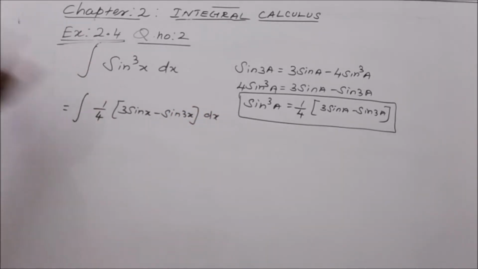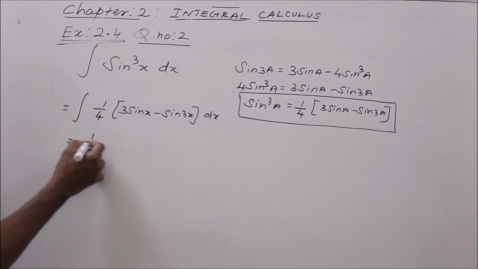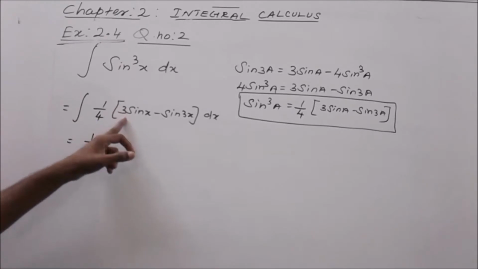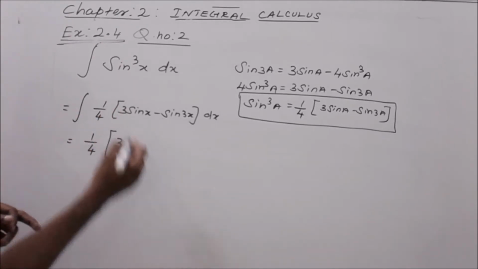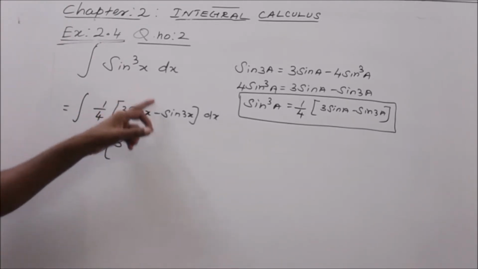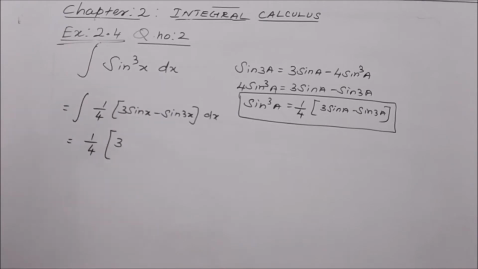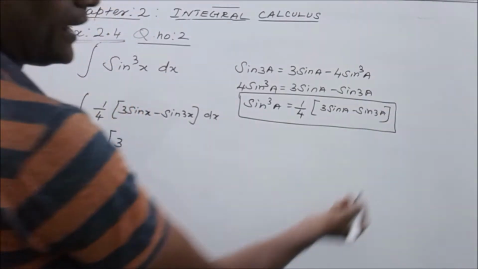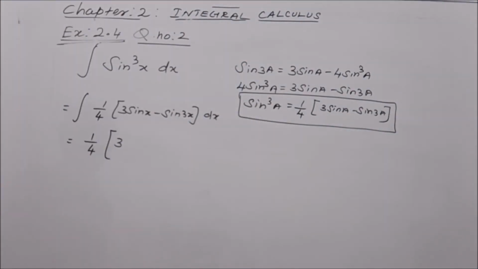Now the constant 1 by 4 is taken out. Now integrate the remaining. Here 3 is a constant, keep it the same. Then the integral of sin x: the derivative of cos x is minus sin x, so the integral of sin x is minus cos x.